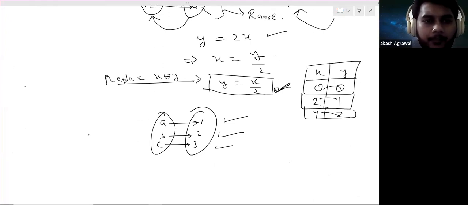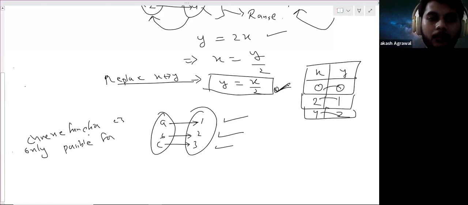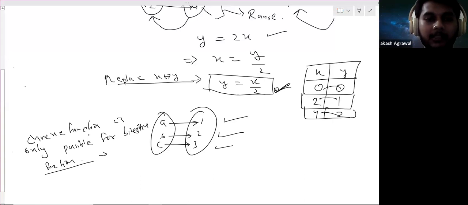Remember, this inverse function is only possible for bijective functions. अगर कोई भी bijective function नहीं है, then inverse function will not exist.